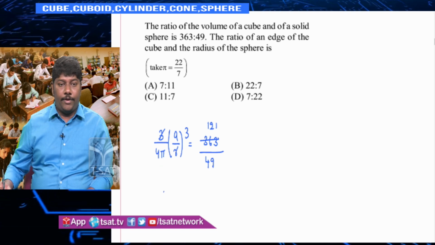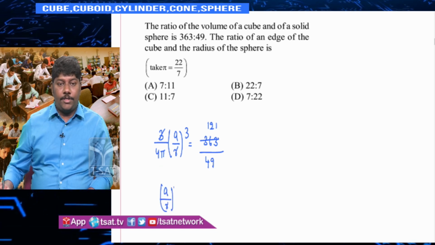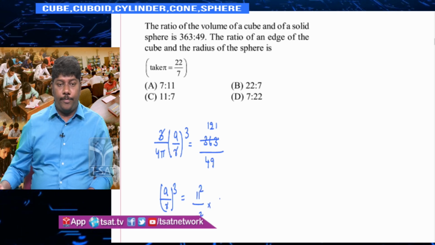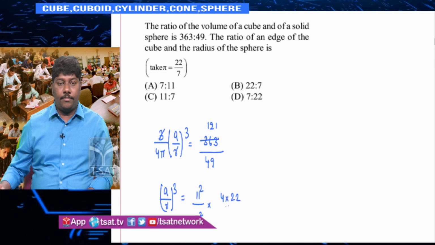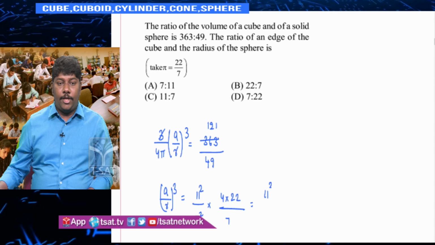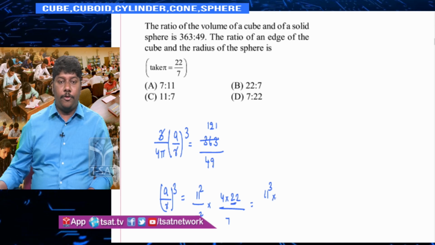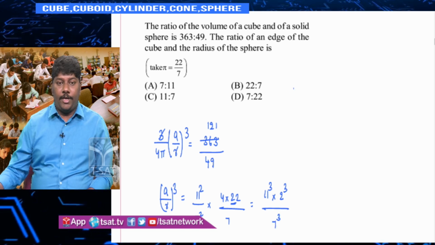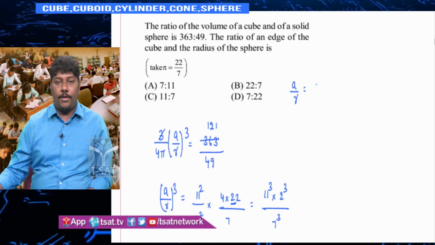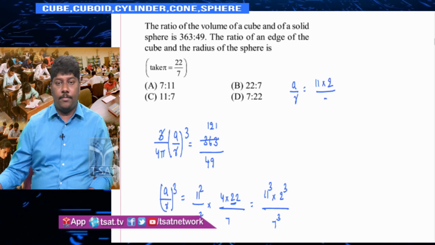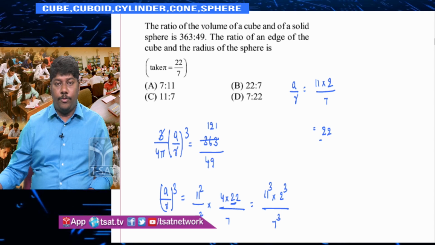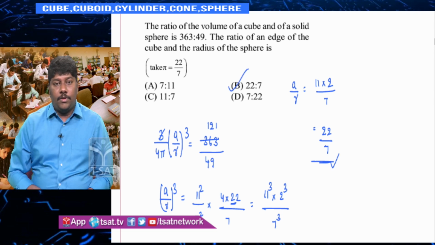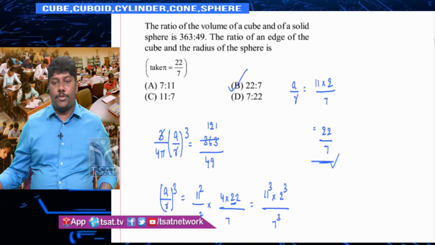This becomes 22 by 7 if it goes up. A by R whole cube is equals to, this is 11 square, this is 7 square into 4 pi, 4 into 22 by 7. Here 11 cube, 2 will be left out. The 2 into 4 is 2 cube because it is 8 by 7 cube. Therefore, ratio becomes A by R, cube you eliminate it, 11 into 2 by 7. So it is 22 by 7 or else 22:7. So answer is 22:7. Actually pi is to 1.